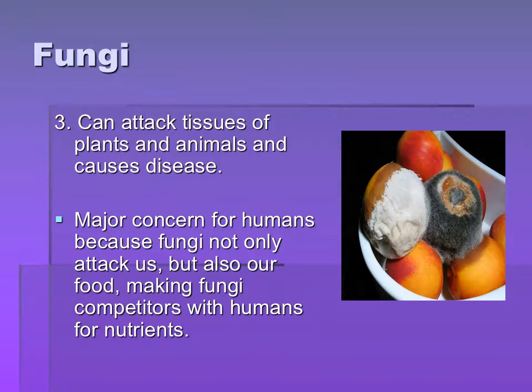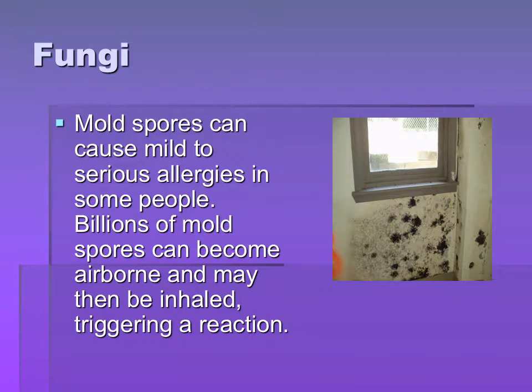So this diagram is showing you some citrus in a fruit bowl and different types of fruit that have been attacked by fungus. So the fungus is actually competing for food with humans. It's not a huge problem for us, but if our temperature changed and global warming happened and really extreme temperatures, we would have a lot more fungus on our food, and we would have higher levels of competition with fungus.